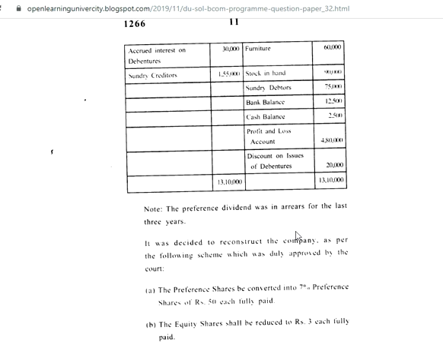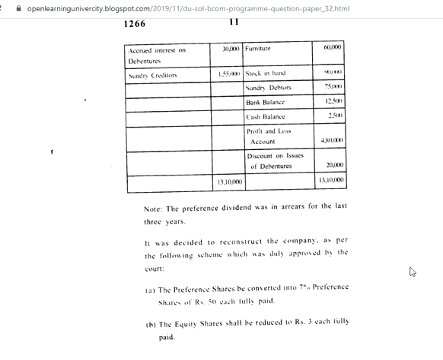Note: the preference shares dividend was in arrears for the last 3 years. It was decided to reconstruct the company as per the following scheme, which was duly approved by the court. This is dim because of some printing errors, so you can concentrate, then you can read about the question.